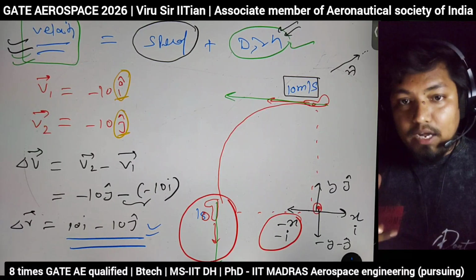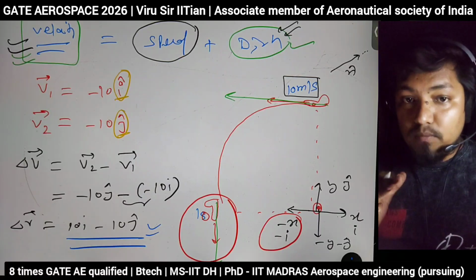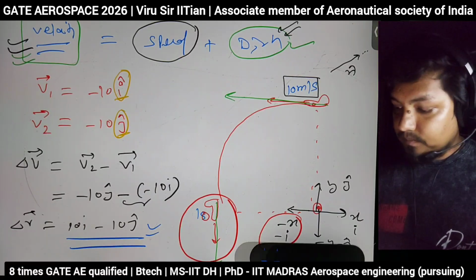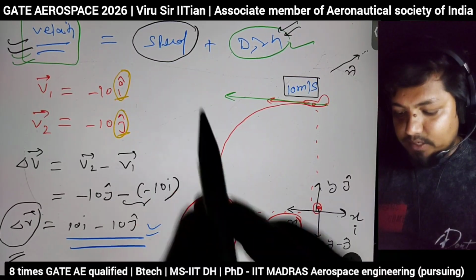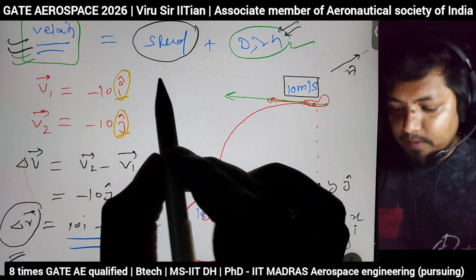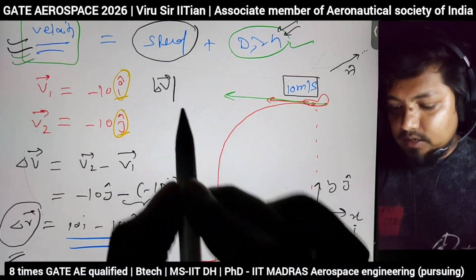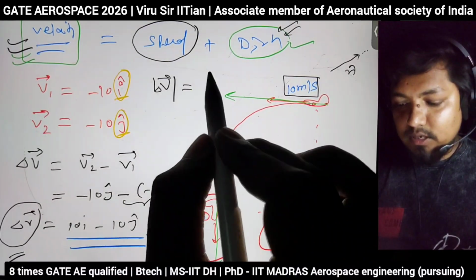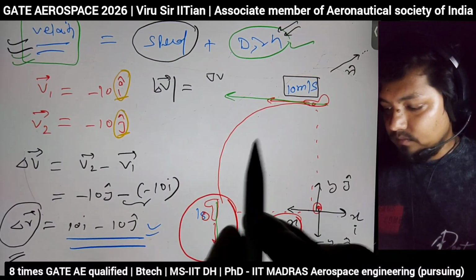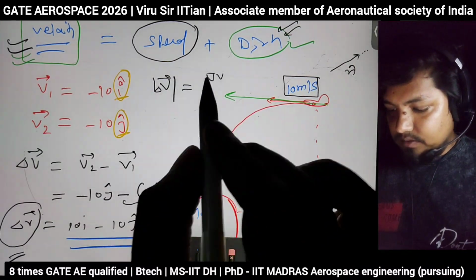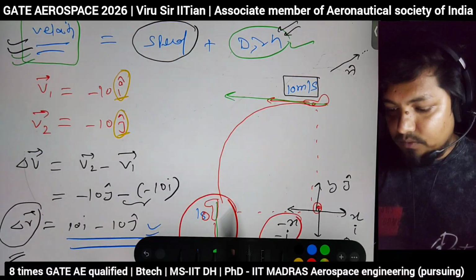I want to find out how much magnitude is changing. So to find out magnitude change, what will you do? Find out magnitude of this vector. You know this already.